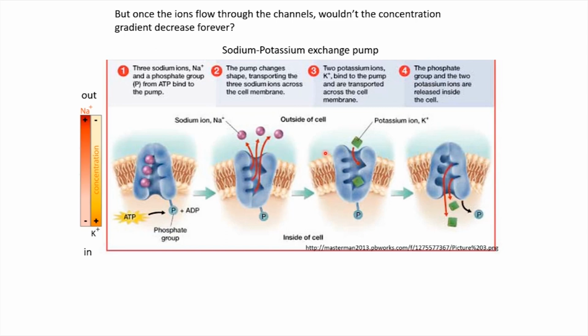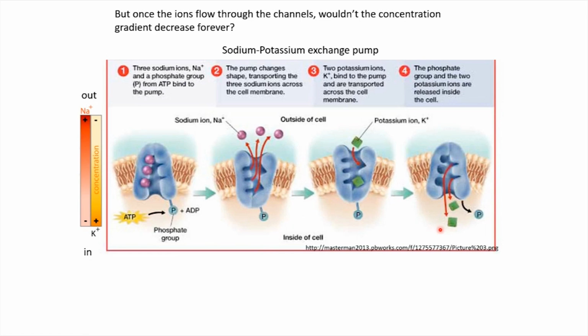In this configuration, it can then bind to potassium ions, and then it folds inside again and pushes these potassium ions inside. So with the consumption of 1 ATP, the pump has thrown 3 sodium ions outside and brought 2 potassium ions inside. That is how it helps in maintaining both the sodium gradient as well as the potassium gradient.